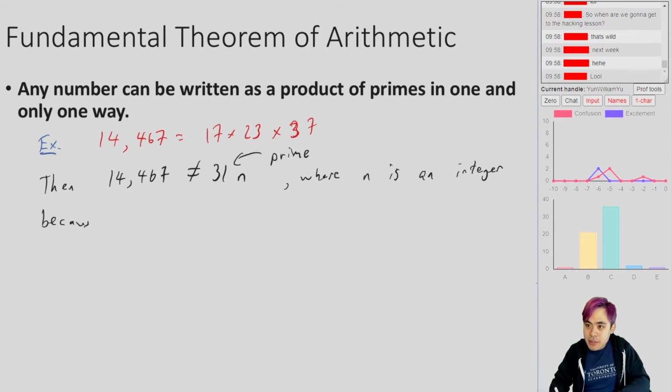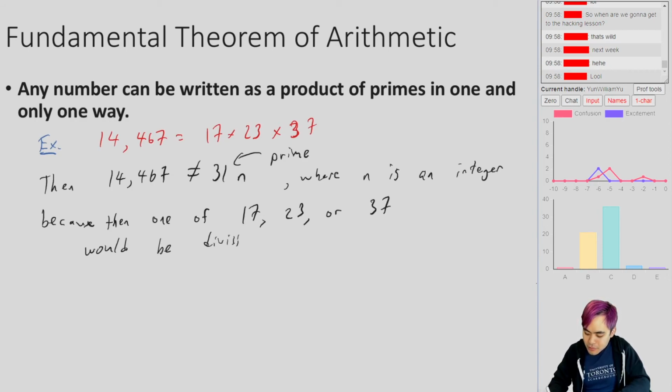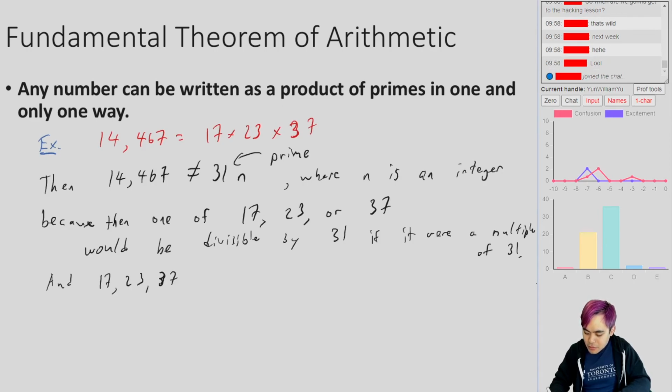So one of 17, 23, or 37 would be divisible by 31 if it were a multiple of 31. And those are all prime. 17, 23, and 37 are all prime.